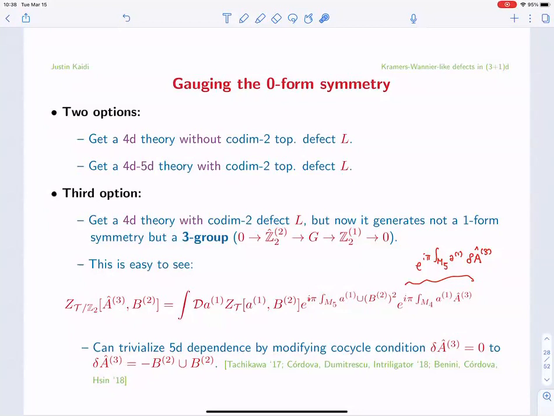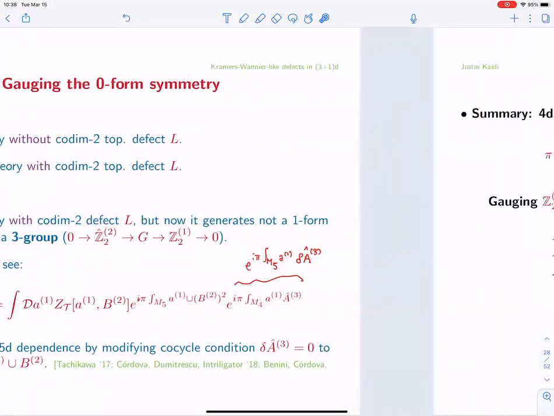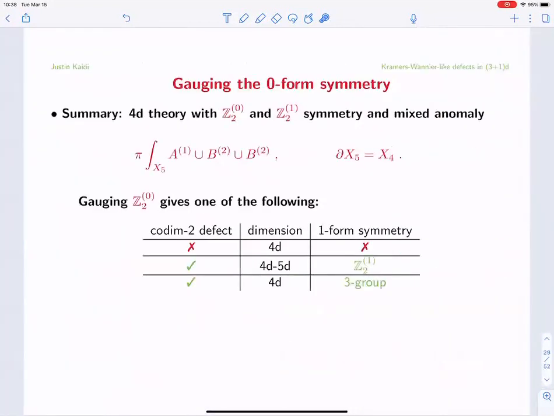Okay? So let me summarize that. To summarize the discussion so far, we saw that I start with the theory with a Z2 zero-form and a Z2 one-form symmetry with this anomaly. And then when I gauge the Z2 zero-form symmetry, there are 3 possibilities for what happens to the Z2 one-form symmetry.